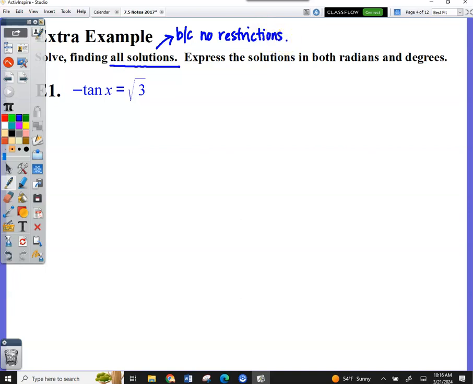If there's no restrictions at all, your answer will have that whole plus 2 pi k, or like Brody realized yesterday, plus pi k works. So your answer is going to be of the form, here's where it works on the unit circle, but then if we add a coterminal angle, you can hit every time. That's how you know when your answer needs to be in that form: if it says find all solutions.